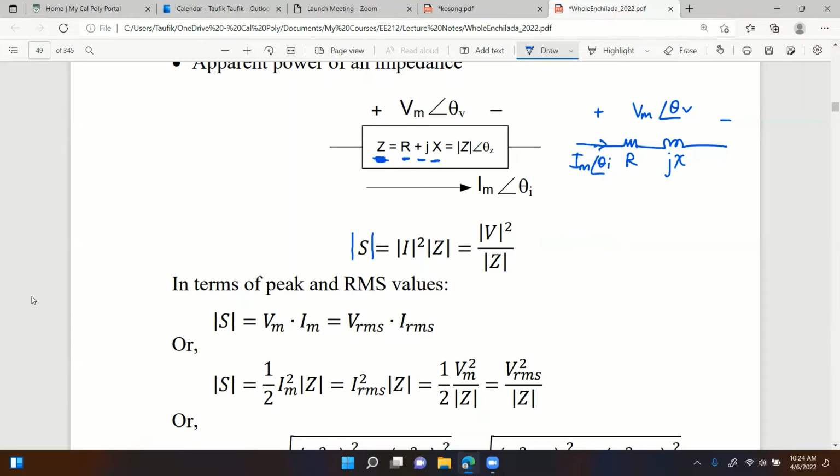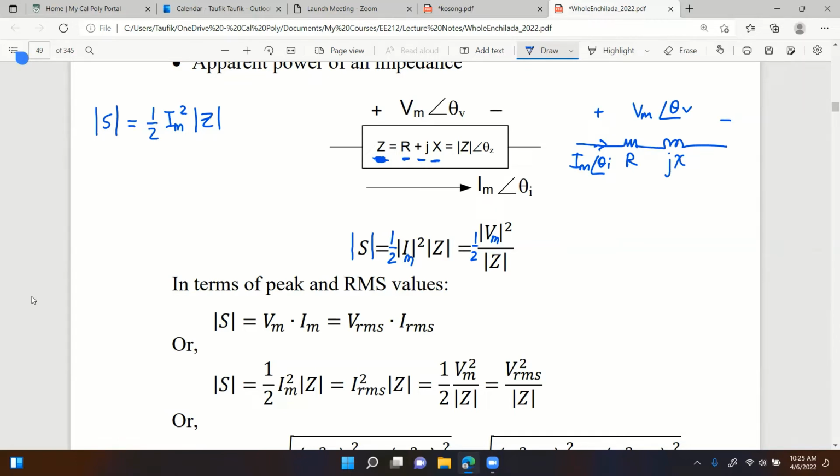There is a mistake here because I give you Vm and Im, but what is I and V? I should be more specific. This should be Im and Vm. But if I do that, then I'm missing the 1/2. So I'm going to rewrite it here. The equation for apparent power for this example should be 1/2 Im squared times the magnitude of Z. For Im, I don't need the magnitude, because Im is already a peak value, so it's always positive.